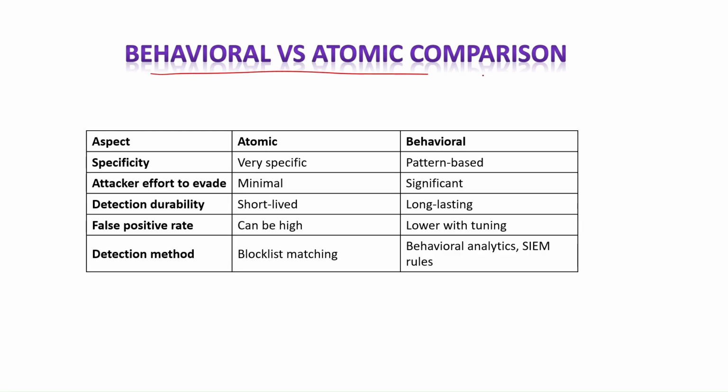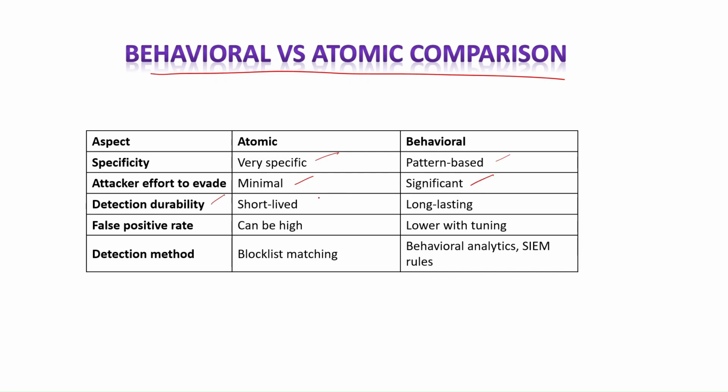So a comparison between behavioral and atomic IOCs. The aspects include specificity. So atomic is very specific while behavioral is pattern based. Attackers' effort to evade: in atomic, the attackers require minimal effort to evade, while in behavioral, the attackers need significant effort to evade.